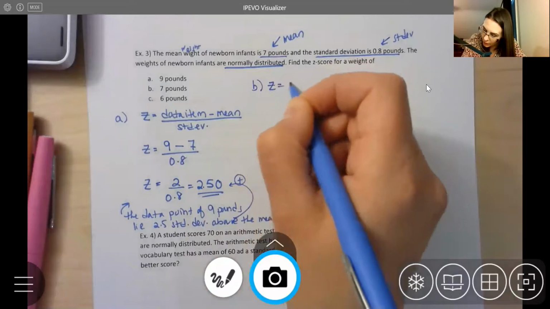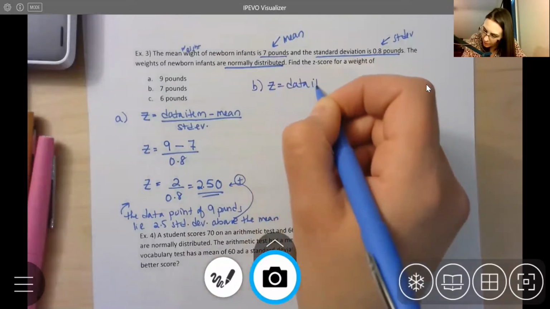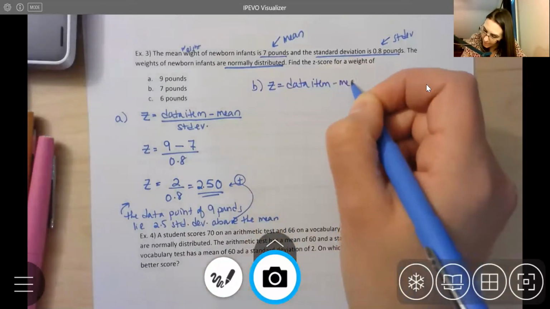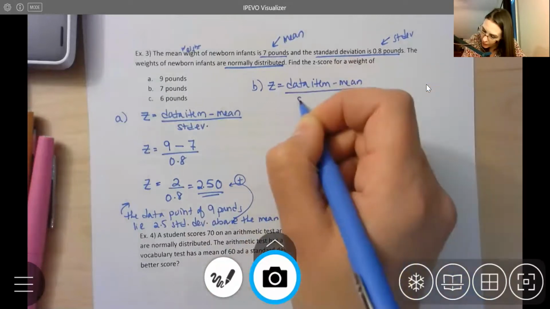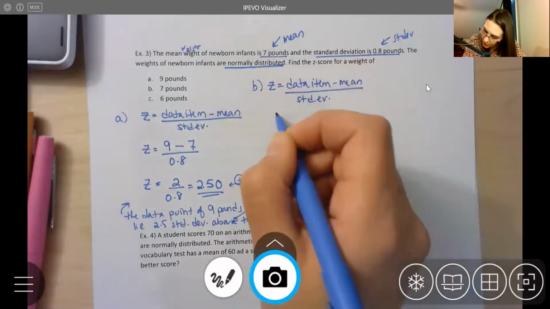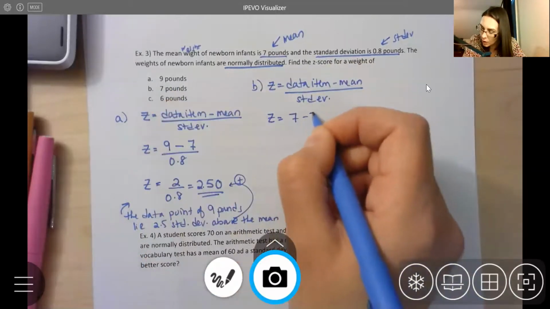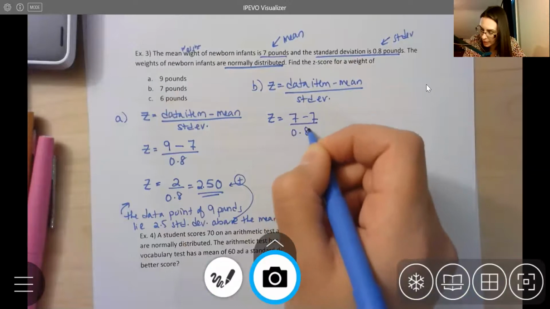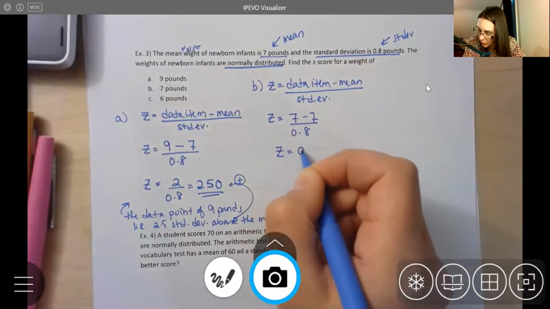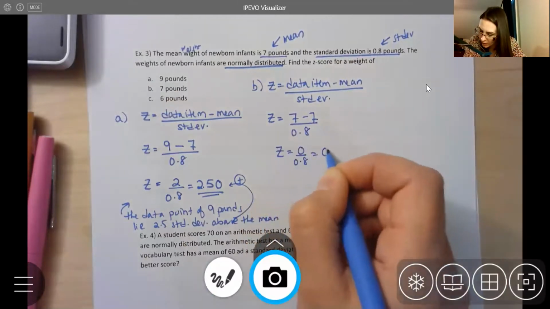So z equals our data item minus the mean over the standard deviation. So my data item here is 7. My mean is also 7, and my standard deviation is 0.8. So what I get is 0 over 0.8, which is just 0.